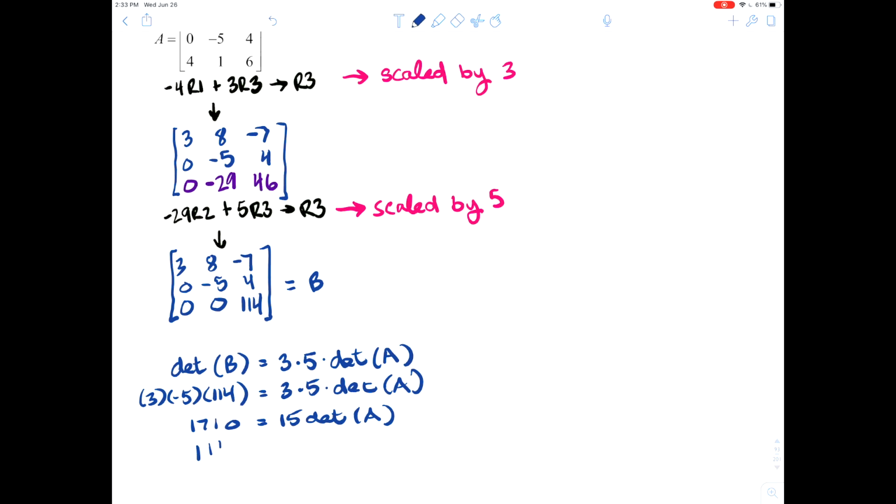I guess I could have seen that before I multiplied it out. And that'll actually be -114 is equal to the determinant of A.